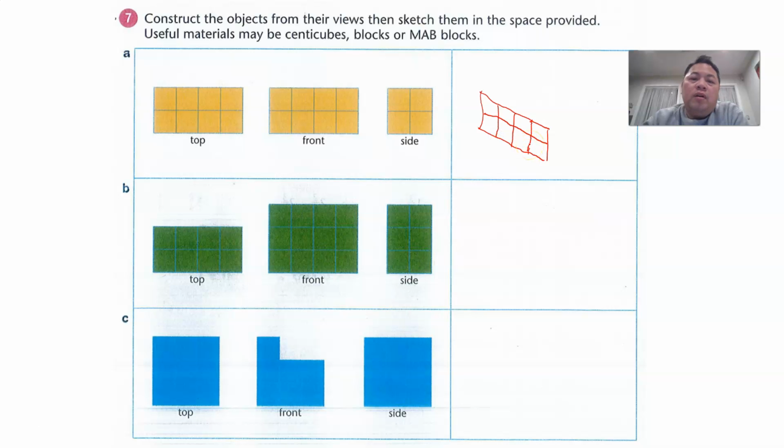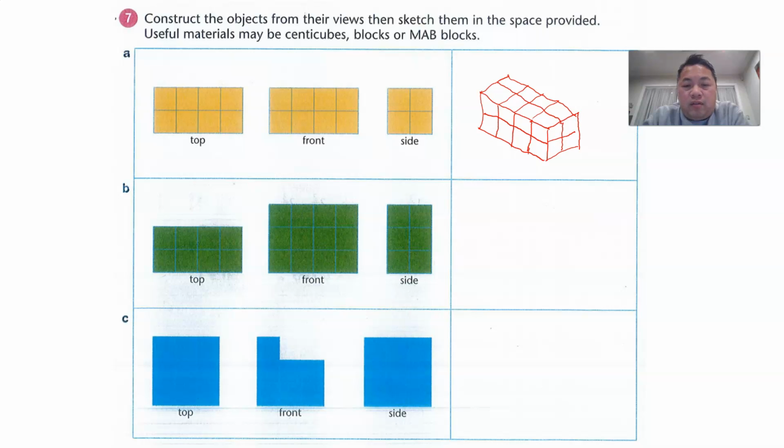And because I know the side view is four cubes, I'll put 4 cubes here. And from the top, I can actually see 8 cubes. So it's a very simple block that we have formed with 16 cubes.